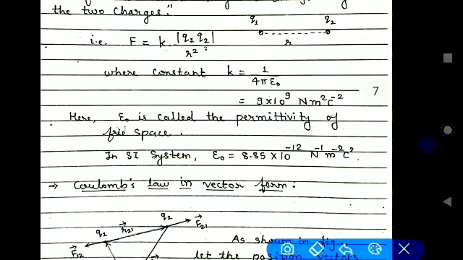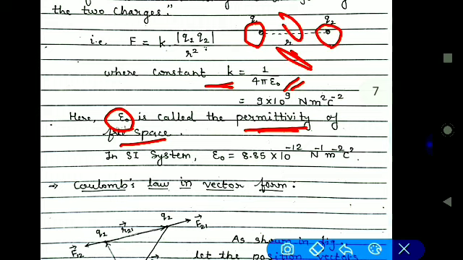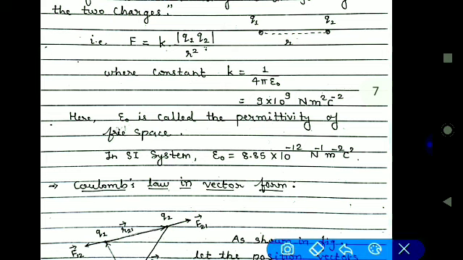Here constant k is equal to 1 upon 4 pi epsilon naught, where epsilon naught is called the permittivity of free space. It means if there is nothing between the two charged particles, here you can see there are two charged particles and here there is free space. So if there is nothing, that is, we can say vacuum, between the two charged particles, then the permittivity is epsilon naught.